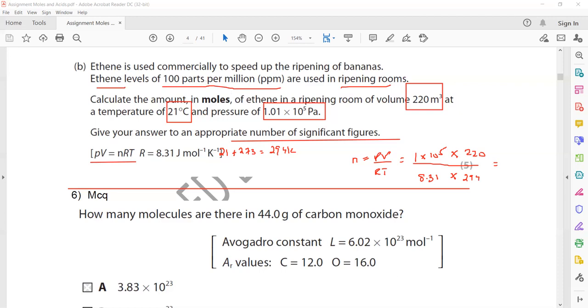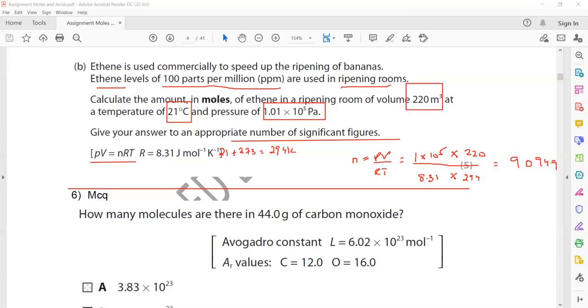So this answer here, that will be 9994.9. That is the value of N, the total number of the particles.